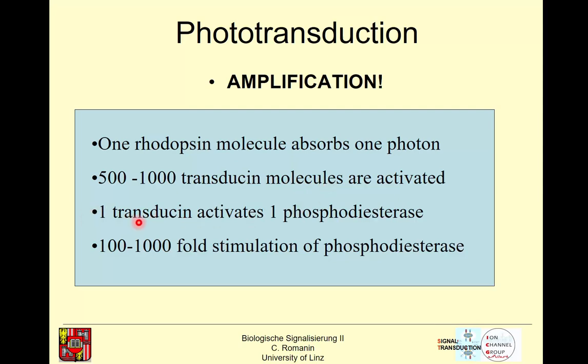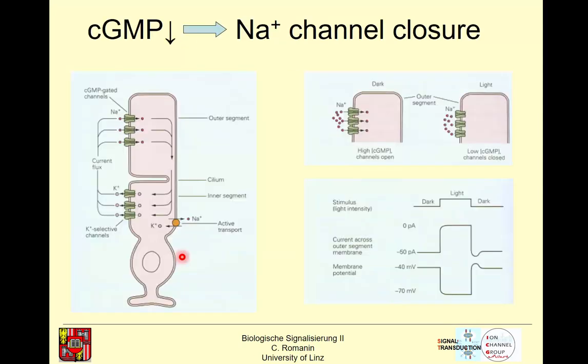We have heard one transducin activates one phosphodiesterase, but as long as the transducin in the activated form, the GTP carrying alpha subunit, stays on the phosphodiesterase, we have a 100 to 1000-fold stimulation of phosphodiesterase activity. So on the whole, there's an amplification by 10 to the 6. So this really is responsible for the signal to noise ratio with this phototransduction process.